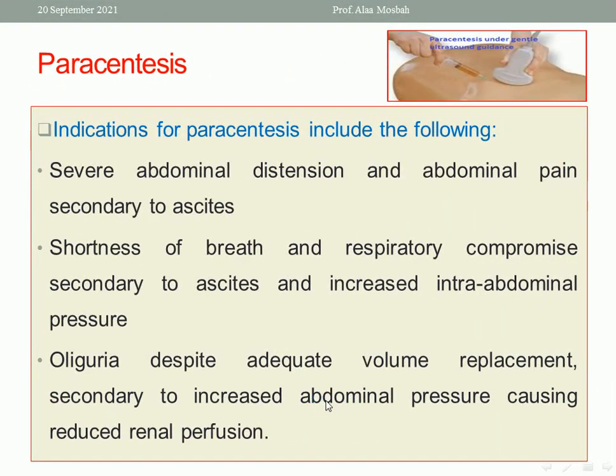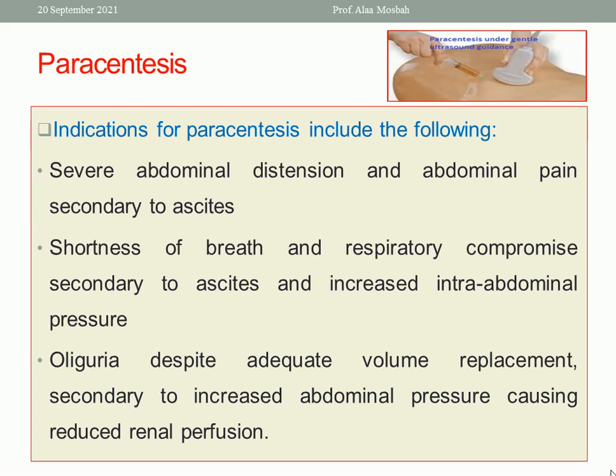What is the indication of paracentesis? Severe abdominal distension and severe abdominal pain secondary to ascites, affecting respiration, shortness of breath, respiratory compromise secondary to ascites, and increased intra-abdominal pressure.